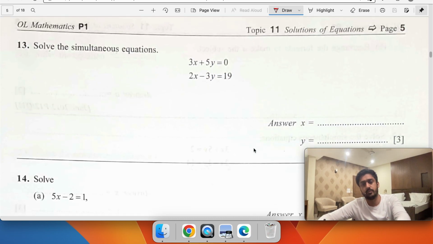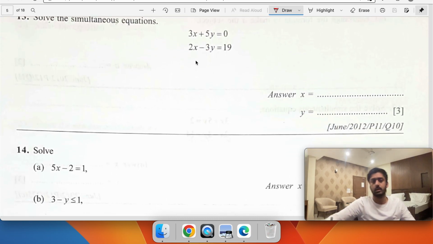Let's try a few more questions. Okay, let's eliminate x. Multiply this by 2 and this by 3 to get the same numbers. So 2 3 times is 6x plus 10y is equal to 0. 3 2 times is 6x minus 9y is equal to 20 into 3 is 60.